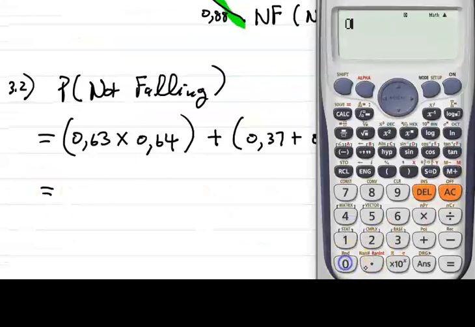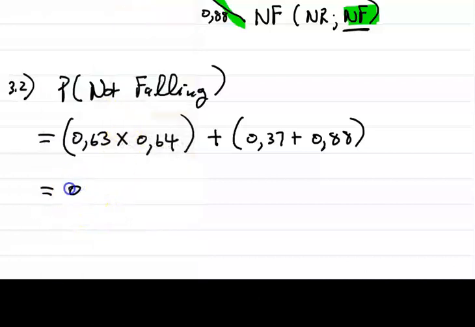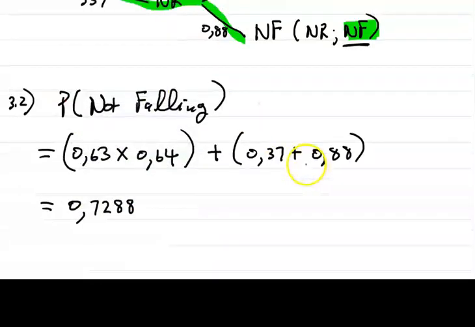So therefore, it will be 0.63 times 0.64 plus 0.37 times 0.88. That's now equal to 0.7288, which means if we now multiply that by 100 to get the percentage, it actually means that the child has a 72.88% chance of not falling on any given day.